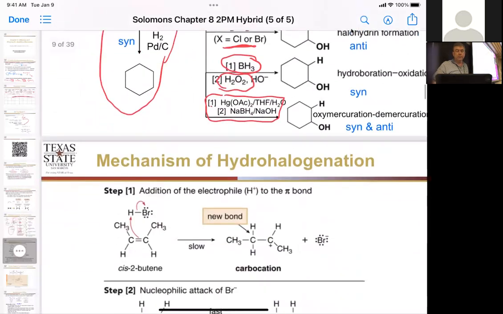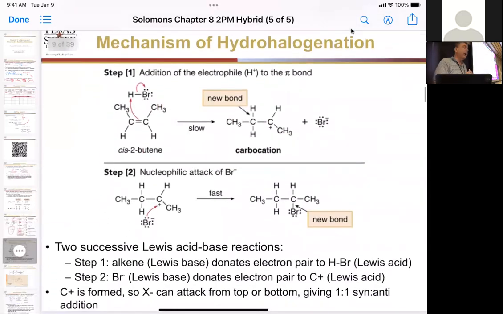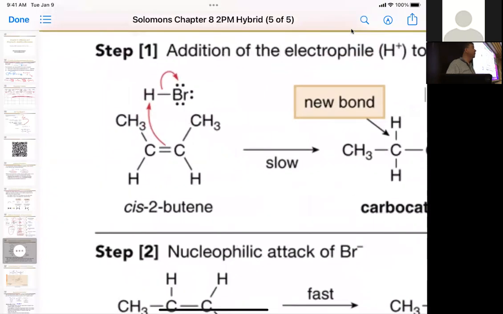what our products are. So in the hydrohalogenation, it basically is a nucleophile reacting with an electrophile. Okay, so our double bond is the nucleophile. It has the electrons it wants to make a bond. Why is it attacking the hydrogen first and not the bromine on hydrogen bromide?